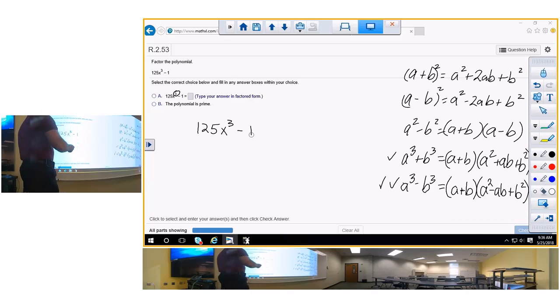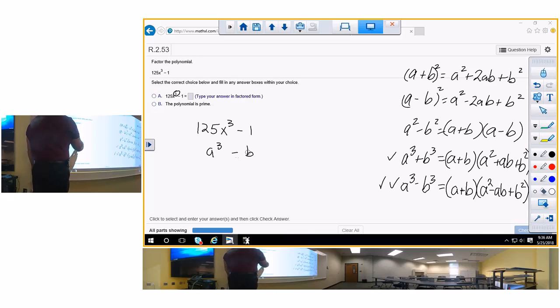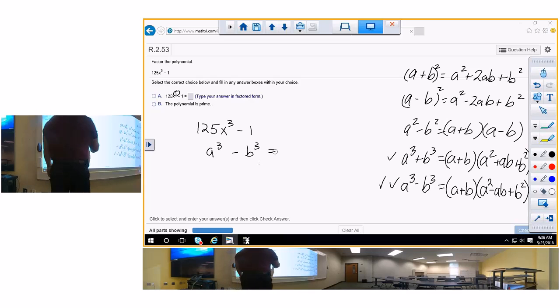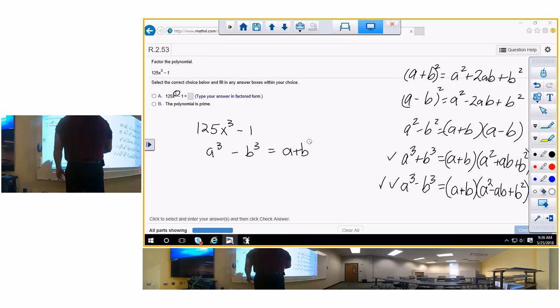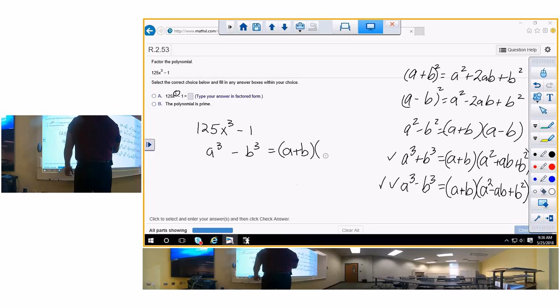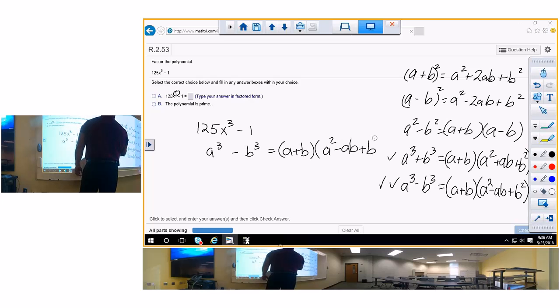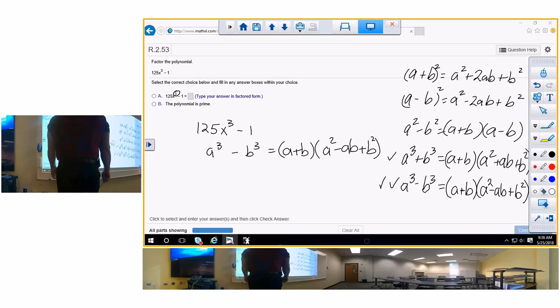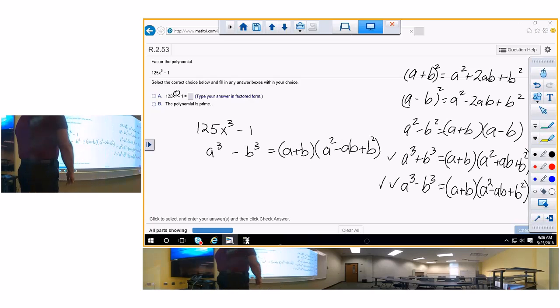And then I'm going to put shortcut number 5 under it. A cubed minus B cubed is equal to A minus B times A squared plus AB plus B squared. Now you just find what A and B are. Well, here's A cubed.